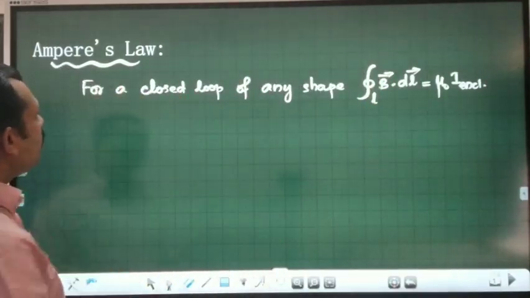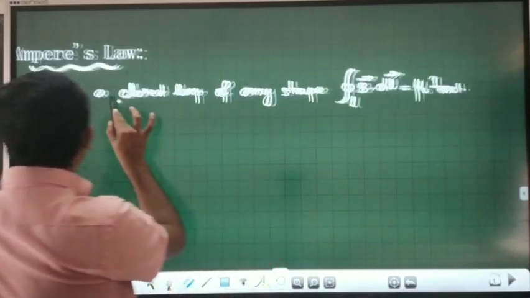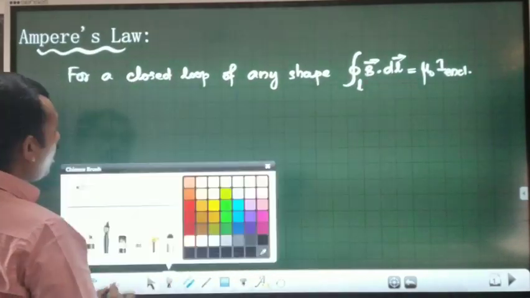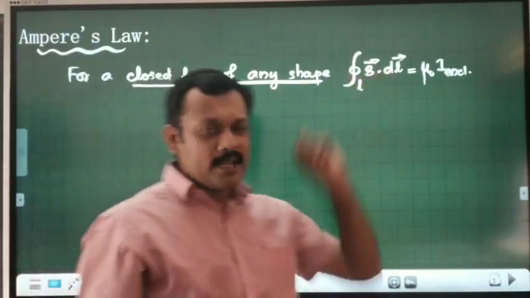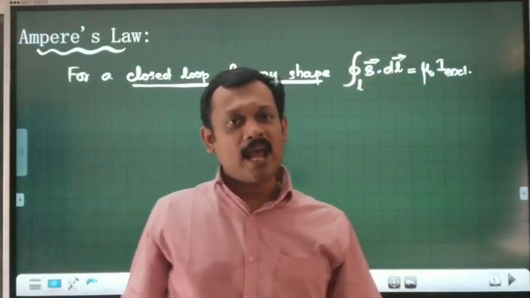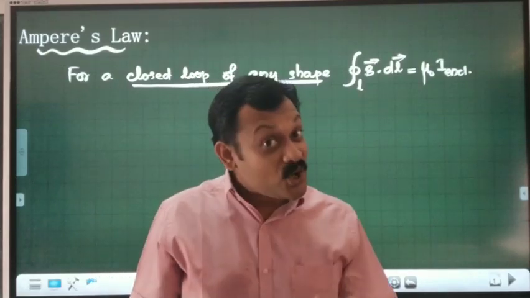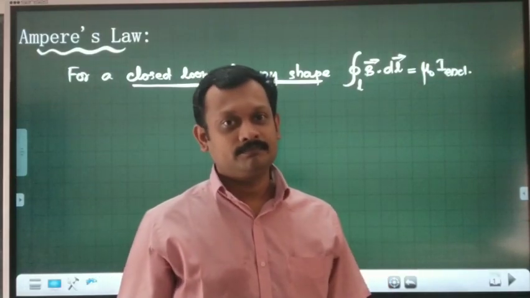For a closed loop of any shape, the line integral B dot dl is equal to mu 0 times the current enclosed by the loop.